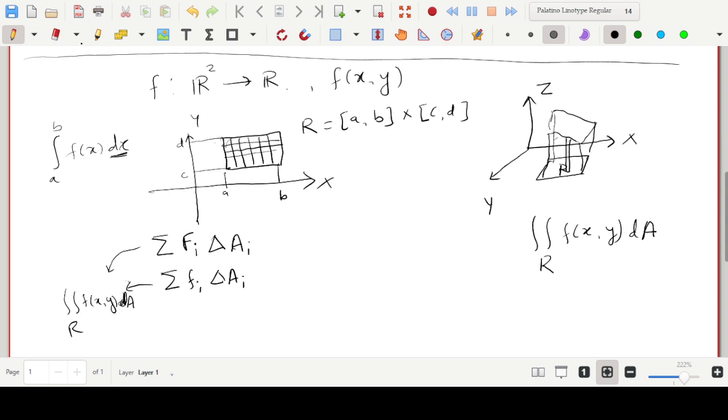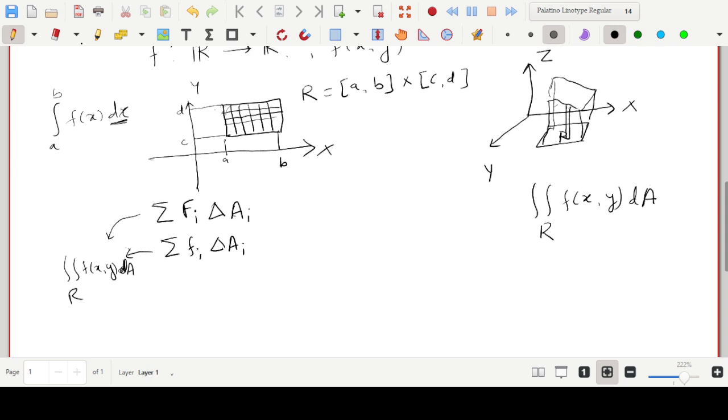We defined it, and we understood that this is the volume of the solid formed by the graph and the rectangle and the four walls that bind the two of them. But how can we actually compute it given a function?